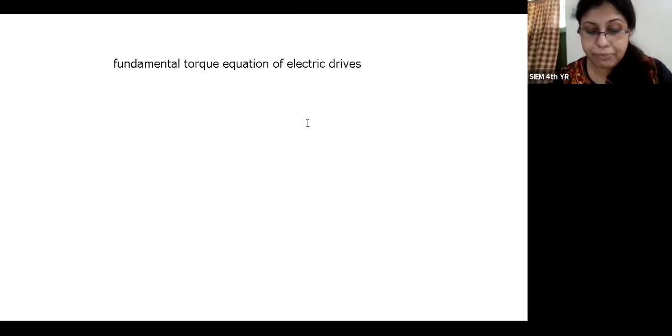Okay, so as per the basic model or basic diagram of electric drives, we know that there should be a source, then a power modulator, then our motor, and the motor should be connected with a proper load. Of course, we want to control the motor in a closed loop way. So we have to sense the output parameters of the motor through a sensing unit.